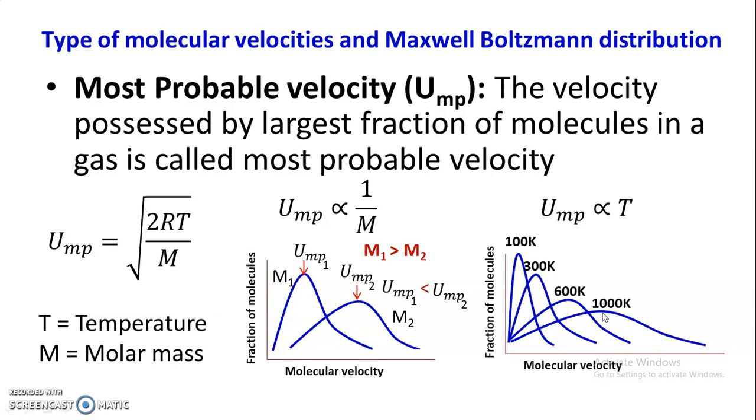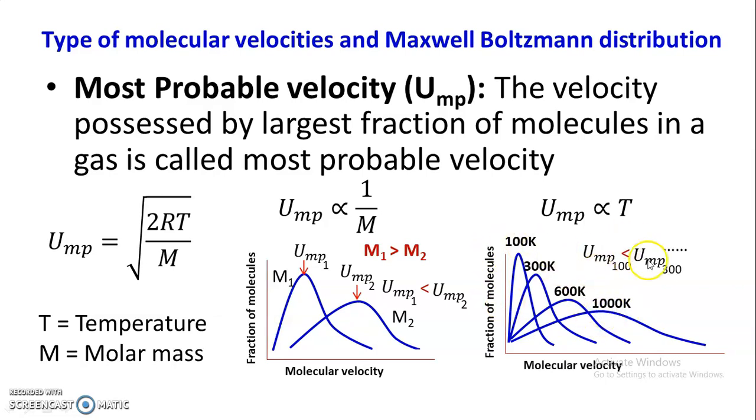It means with increase in temperature, the most probable velocity also increases, and therefore the entire distribution curve shifts to the right side. And as temperature increases, the distribution curve becomes broader, and the height of the peak also decreases.